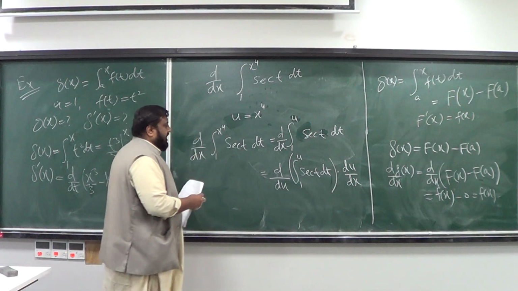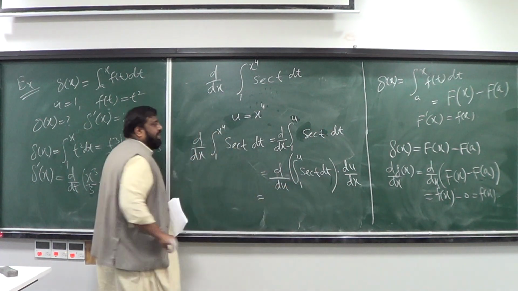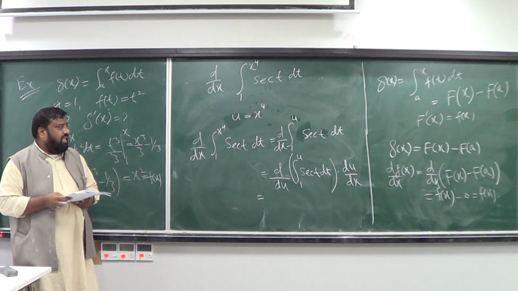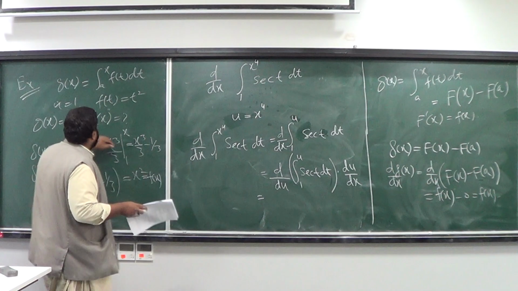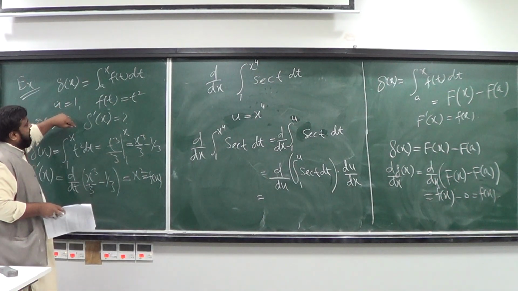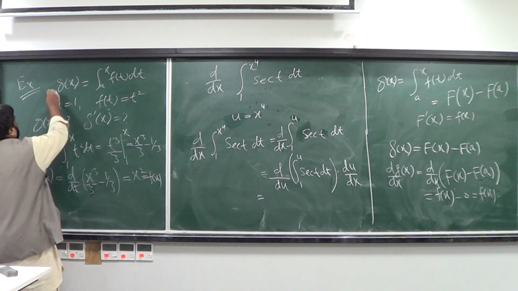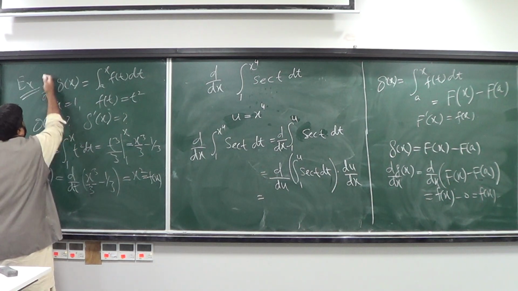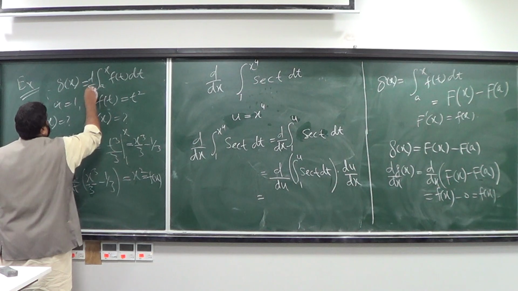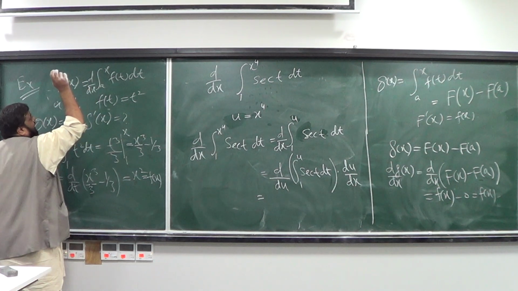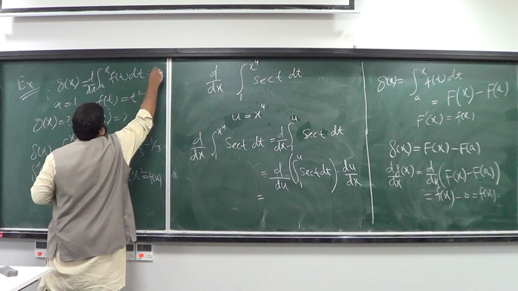Now on this I can apply my earlier result: if you have to differentiate an integral with respect to a variable x while the limit is also x, then the output of this is f of x.